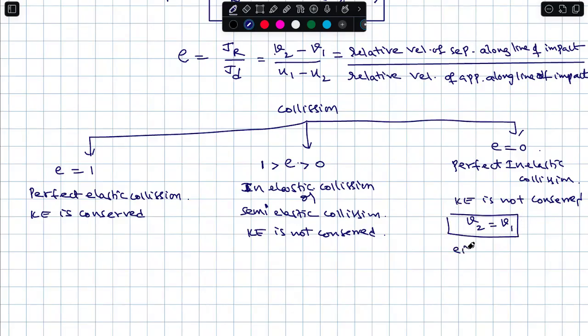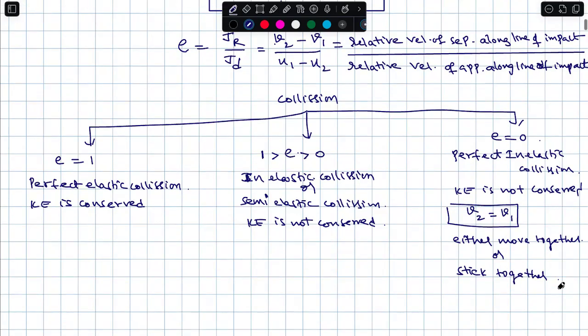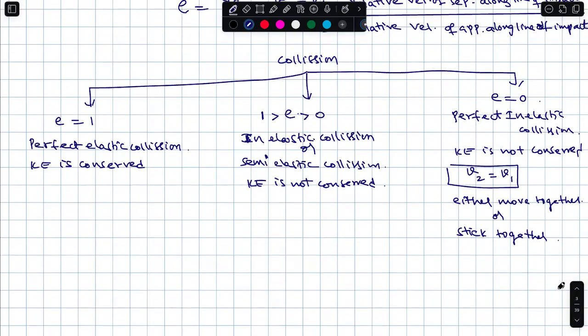So either they move together, or stick together. Both are possible. They may move together, same speed, or they stick together. Makes no difference. These are the observations.